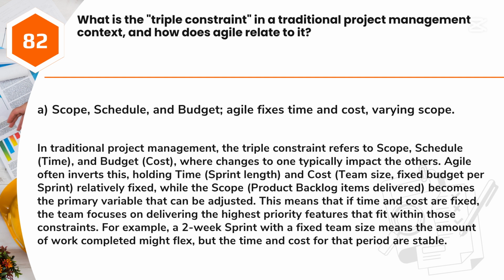Agile often inverts this, holding time (sprint length) and cost (team size, fixed budget per sprint) relatively fixed, while the scope (product backlog items delivered) becomes the primary variable that can be adjusted. This means that if time and cost are fixed, the team focuses on delivering the highest priority features that fit within those constraints. For example, a 2-week sprint with a fixed team size means the amount of work completed might flex, but the time and cost for that period are stable.